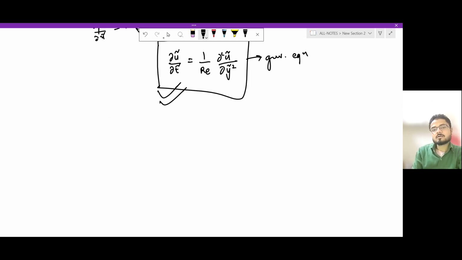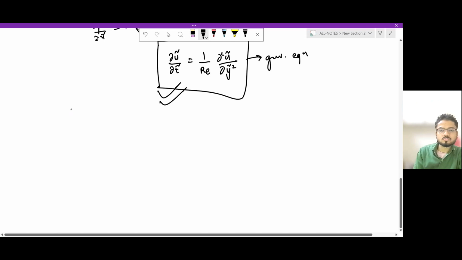So what this would yield then is, if we consider a dimensional term. Actually, the target is to remove this Re from this formulation so that we get a more concise interpretation.